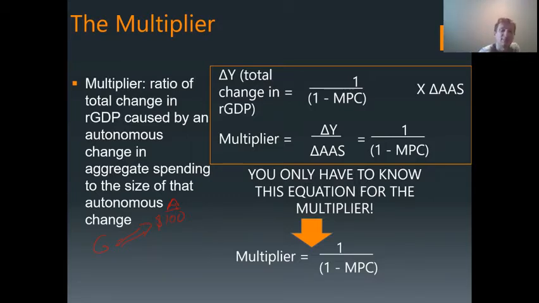So based on our previous example, that person is going to save $70 of it and spend $30. They're going to spend $30, and that's eventually going to end up in somebody's pocket. So we're going to say that ends up with person B. So this $100 is our initial change. That's an autonomous change to aggregate spending.